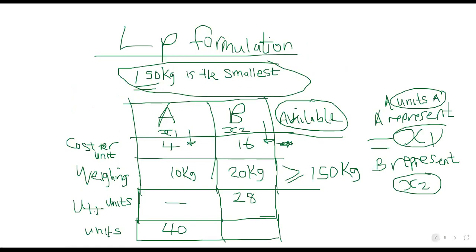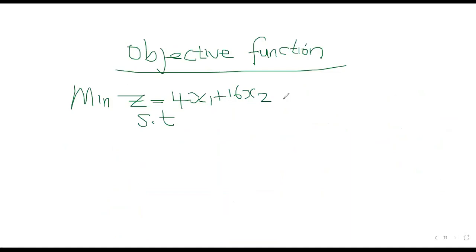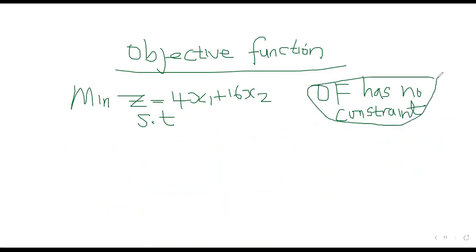Objective function has no constraint, meaning it has no boundary. So minimize Z is equal to 4x1 plus 16x2 subject to.